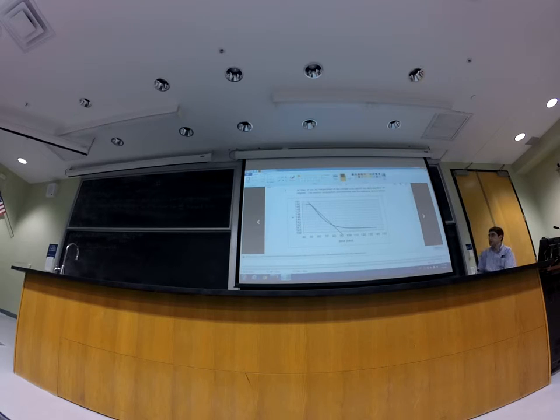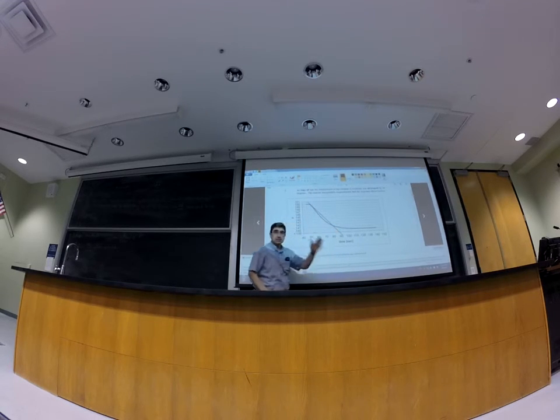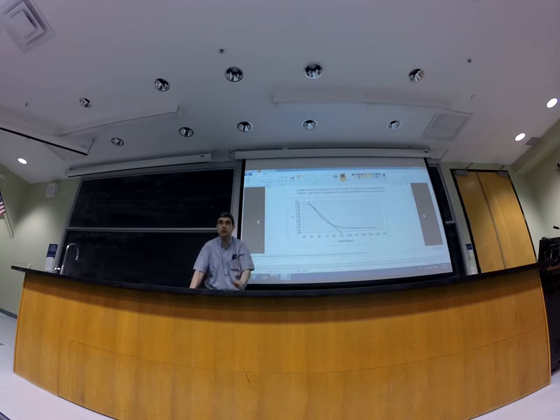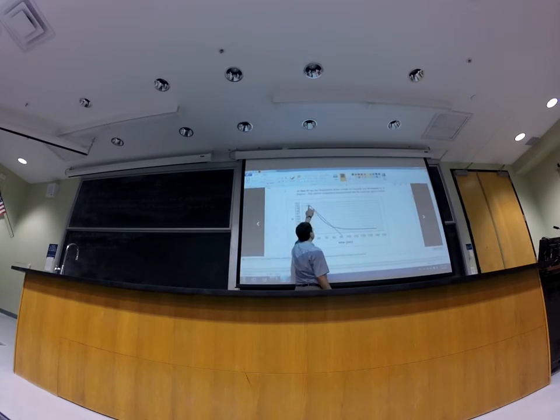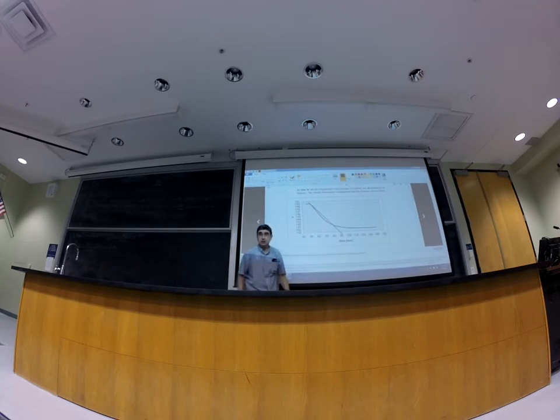No. Notice, this is a tangent line, but it's not at the point of inflection. It's a tangent line at the wrong place. You notice the experimental data is on the same side of where I drew it. If I draw it at the correct point, at the inflection point, the data should be on either side. That's not it.